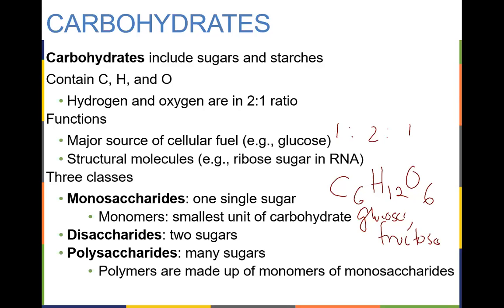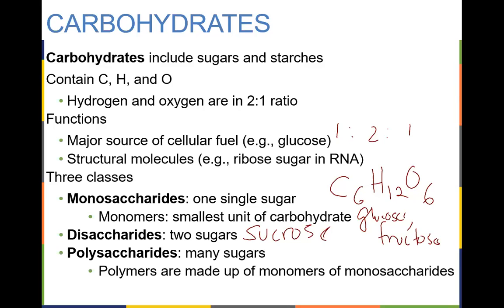Sucrose, or table sugar, is a disaccharide. It's essentially made up of two monomers. So we have two sugars linked together, whereas a monosaccharide would be a single sugar like glucose or fructose.